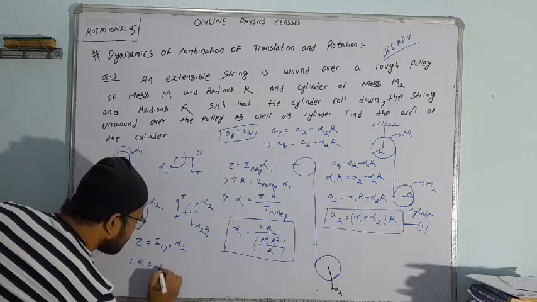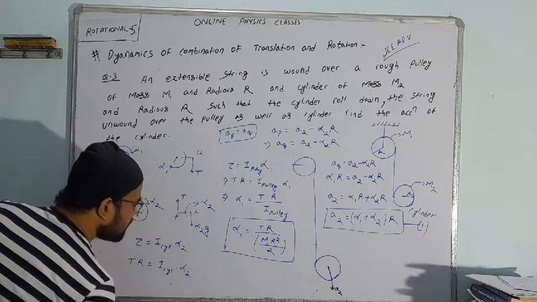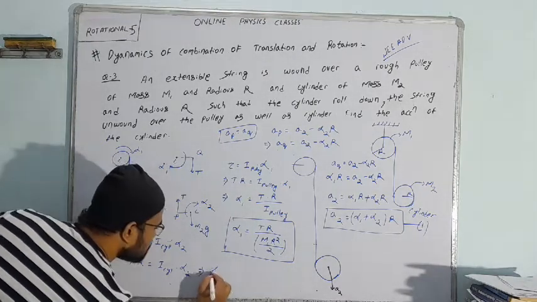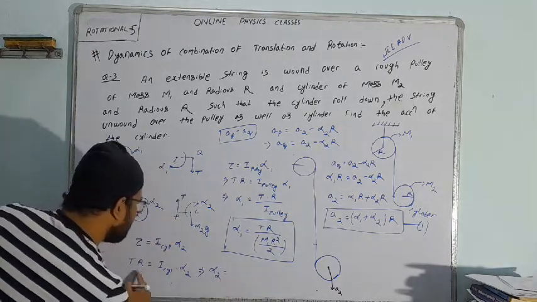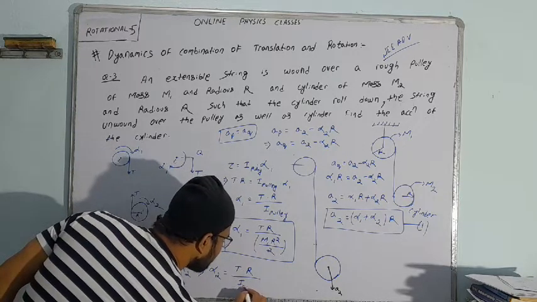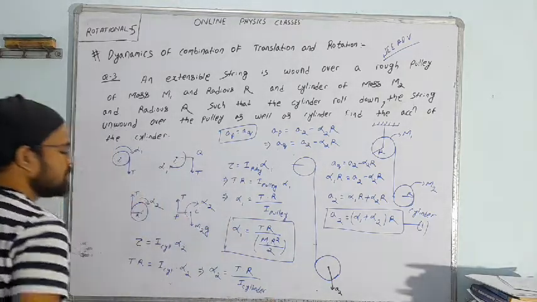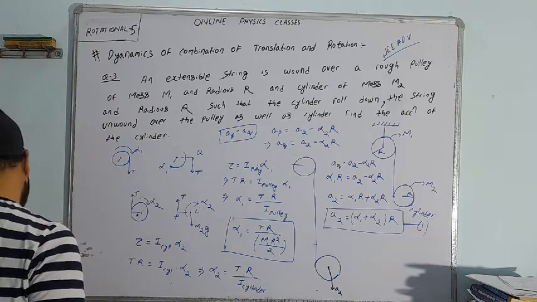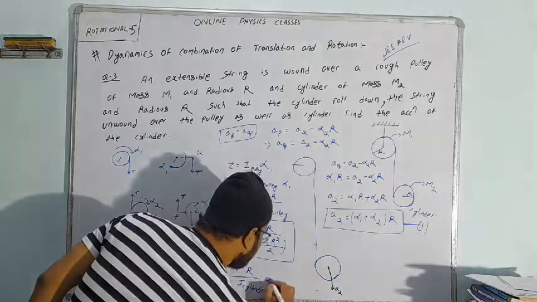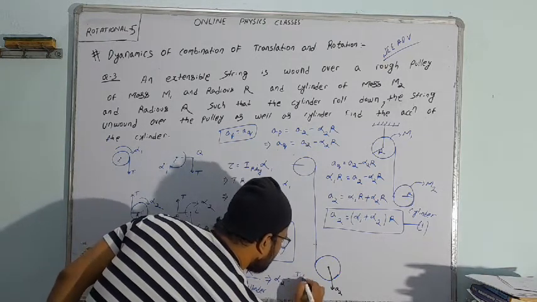From this equation we get alpha 2 is equal to T into R by I of cylinder, the moment of inertia of cylinder.